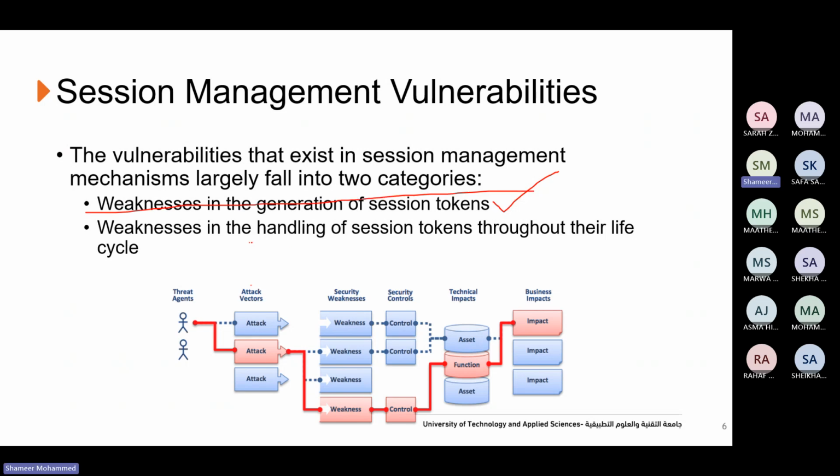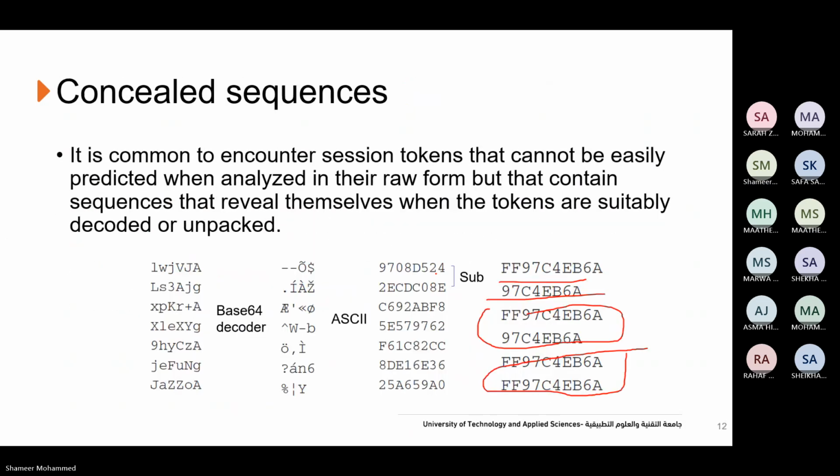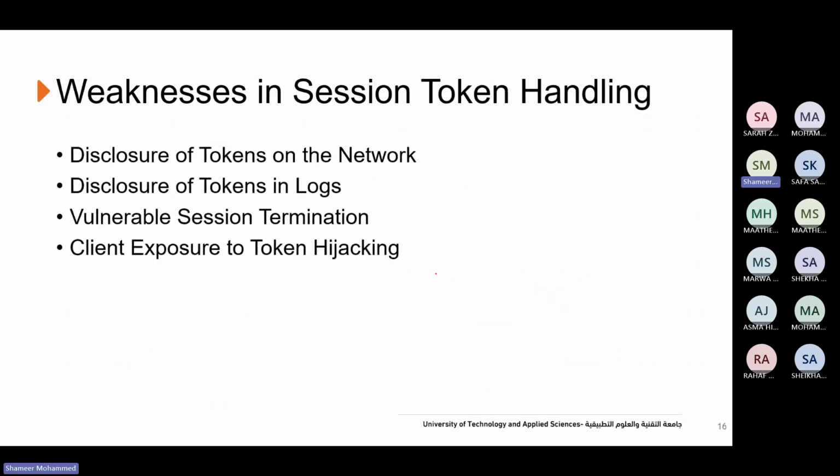Now handling the session, the second part: weaknesses in handling the session. Don't disclose the token on the network. That is, don't send this type of sensitive information through the network channel. Don't disclose this in the log files. That is, don't save it in the log files.